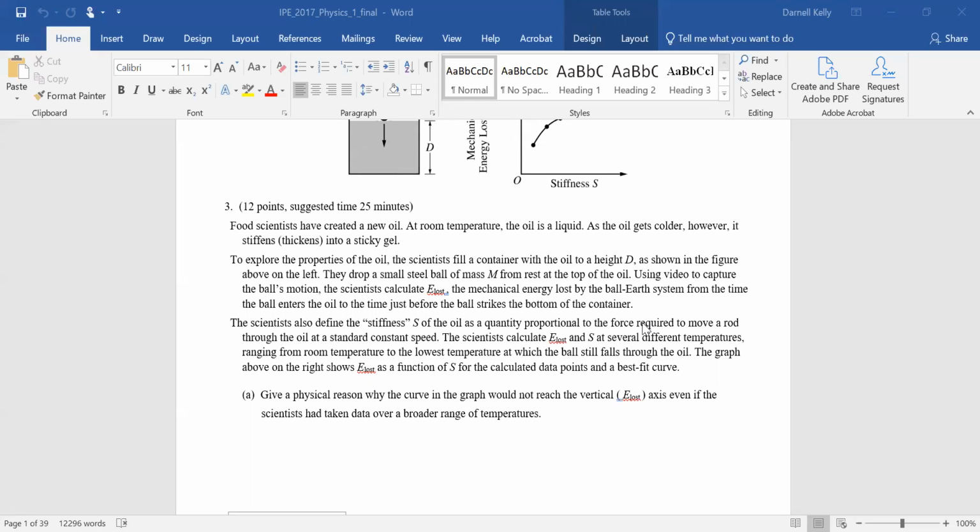It gets thicker and thicker, so it's going to get slower and slower, but gradually. And eventually it will have all the energy out. It will have the energy lost, but it's taking a while. It's gradual.